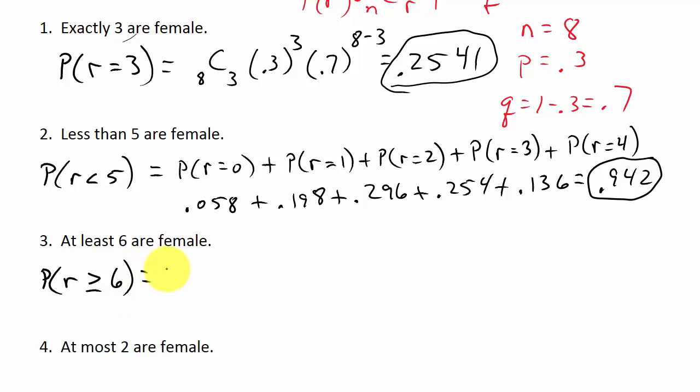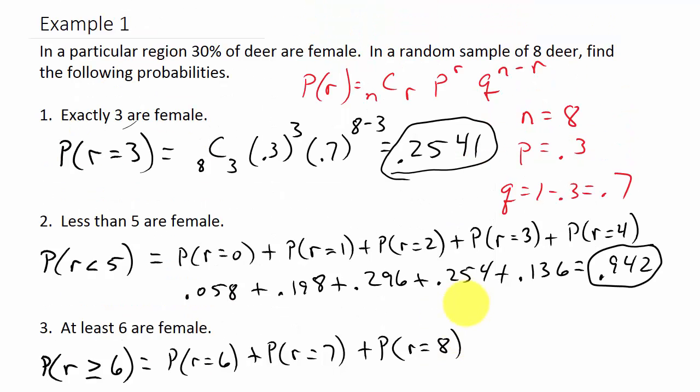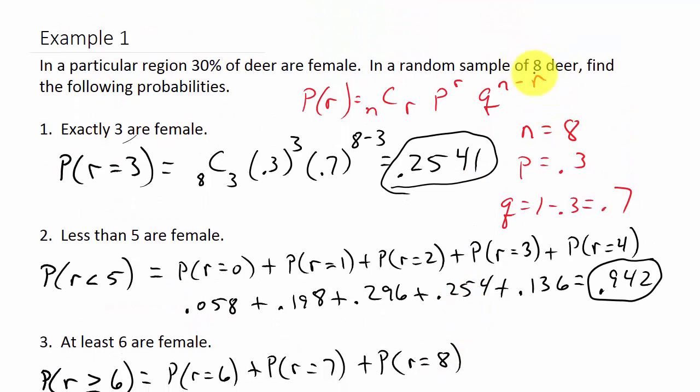And so that's the probability that r equals 6 plus the probability that r equals 7 plus the probability that r equals 8. See, we only go up to 8 because that's our sample, 8 deer.